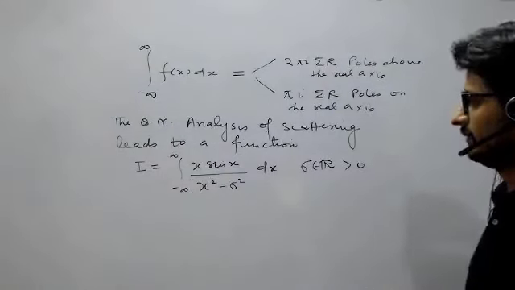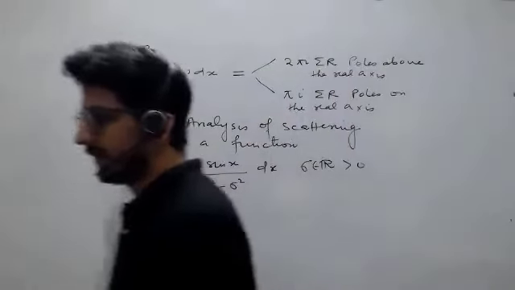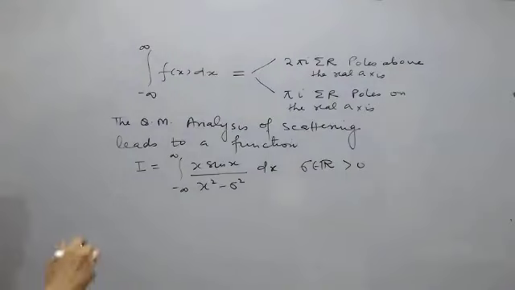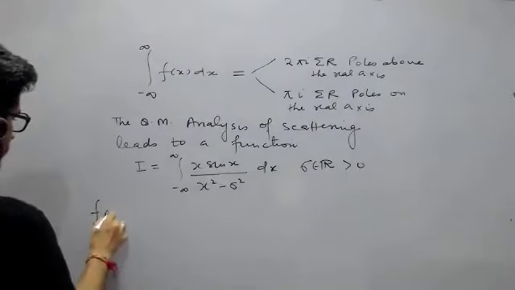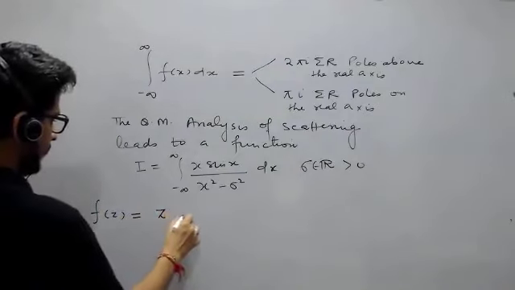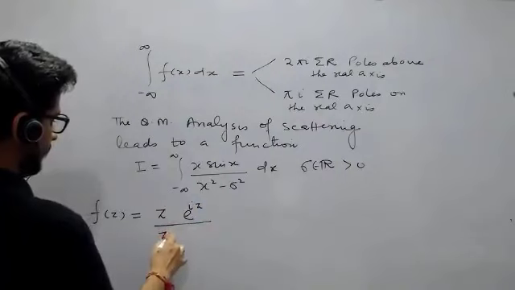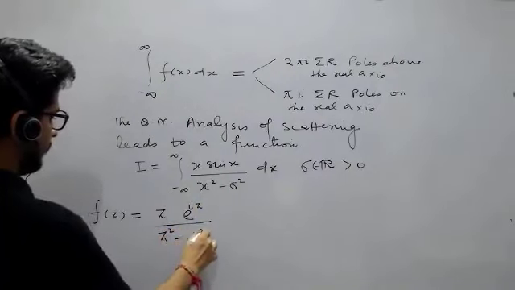Not a tough one, because seeing this we have to write a function like we did for each and every question. So the function f(z) will be, it will be very easy, z e to the power iota z over z square minus sigma square.